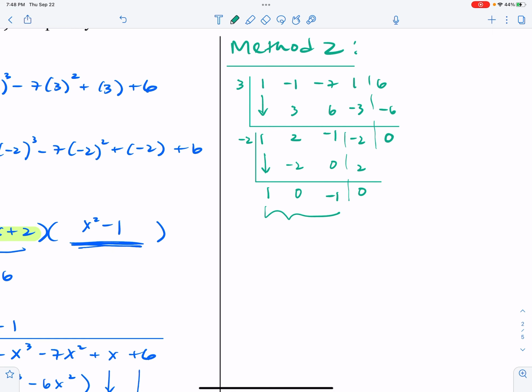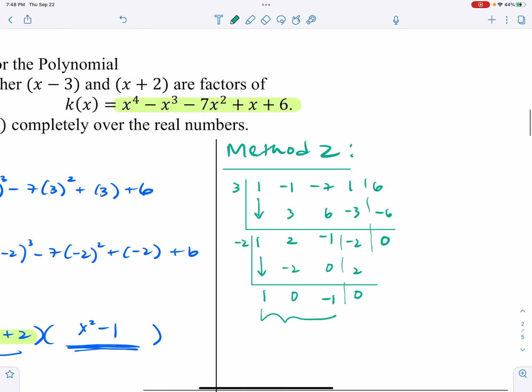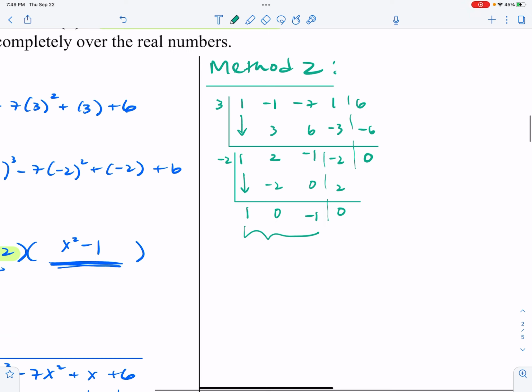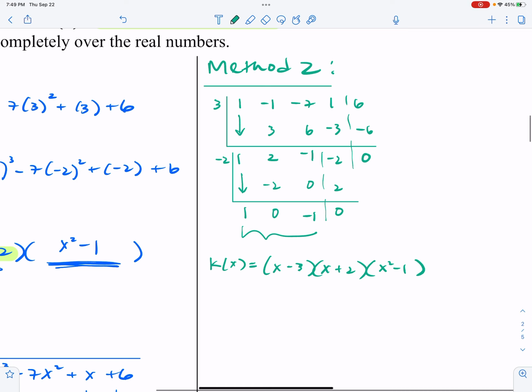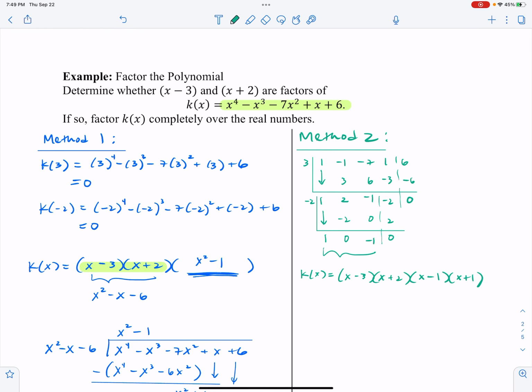And we got the remainder of 0 whenever we divided the x plus 2 into that factor of k of x. And this would allow us to go through those same last steps of saying, okay, well, k of x is equal to x minus 3 times x plus 2 times x squared minus 1, which again, you guys know, difference of two squares, that factors to x minus 1 times x plus 1. So I think that's a faster method.